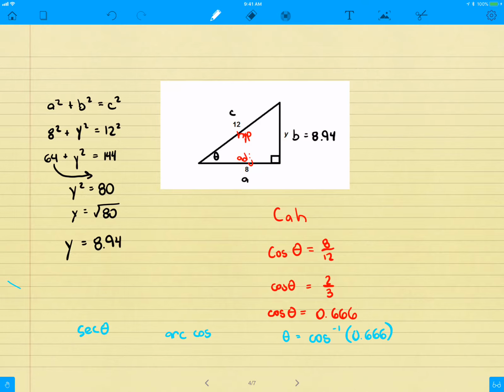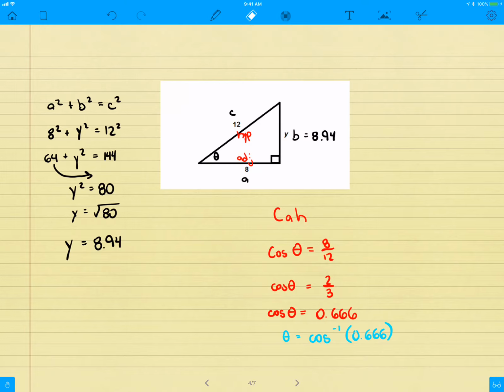That is a reciprocal, and this is an inverse function. They're not the same wording. Reciprocal is when you flip a fraction over. Inverse function is when you do the opposite thing to the other side of the equation. So we're not doing the secant. Don't think that they're the same thing.